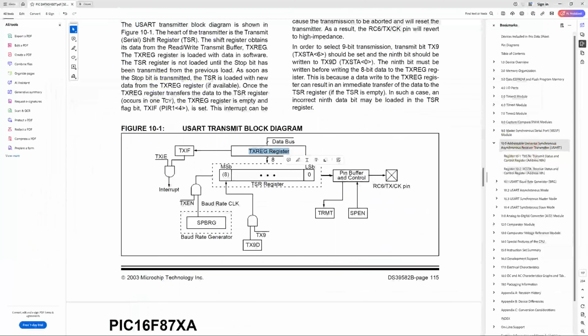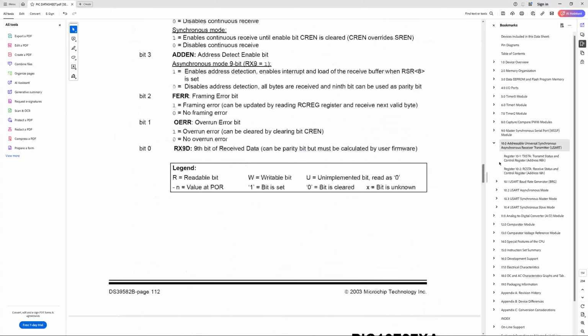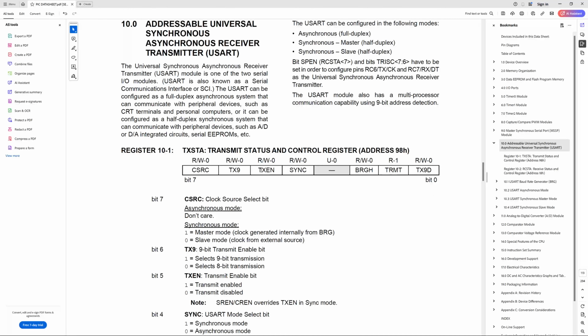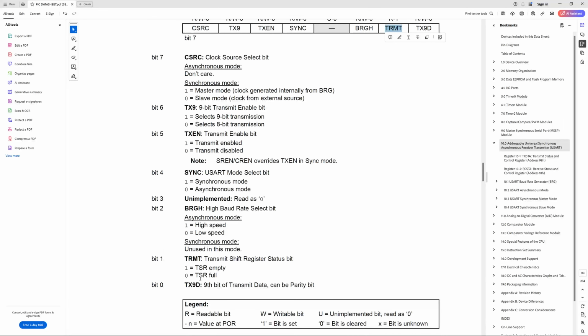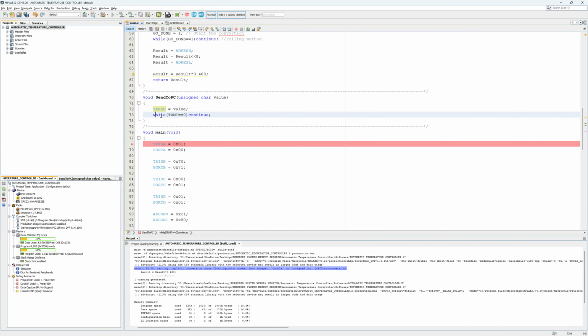You know what is the TRMT register. TRMT is a flag which resides in the TXSTA register. Inside the TXSTA register you can see this TRMT flag. I already explained what TRMT is. Once the communication is complete, it will become 1. So what we are doing is, while TRMT equal to 0, continue.